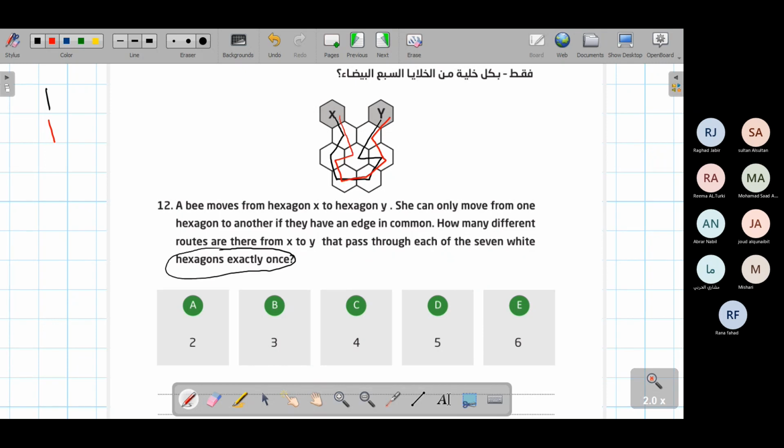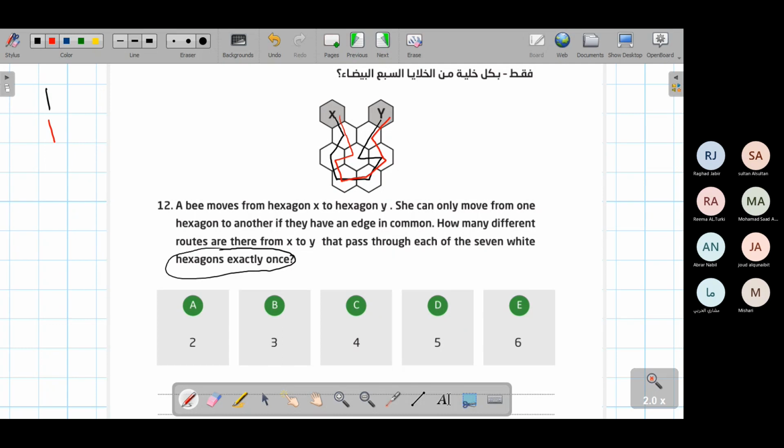I should have different ways. Then I will count the first route, second route, third route. Okay? Let's read the given again. The question says: how many different routes are there from X to Y that pass through each of the 7 white hexagons exactly once? Different. Okay. Yellow.